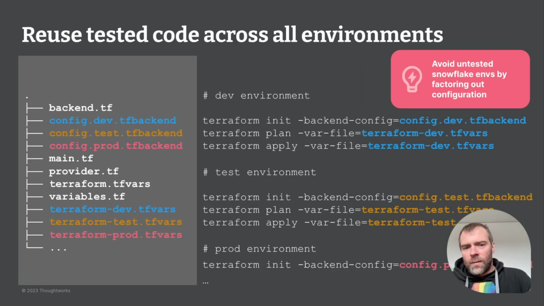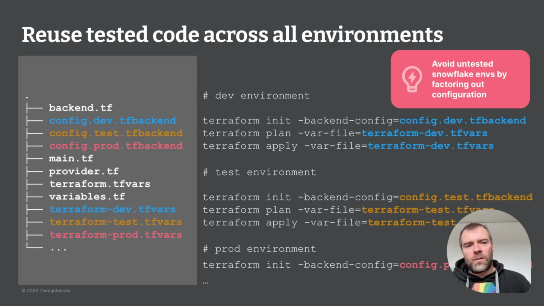And what is very important then is that once you tested your code base, you do not want to touch it when you apply it to different environments. So this means once you run the test in a dev environment, you want to have the very same code base with a different configuration attached to it and run it, for example, in pre-prod and later on in production.